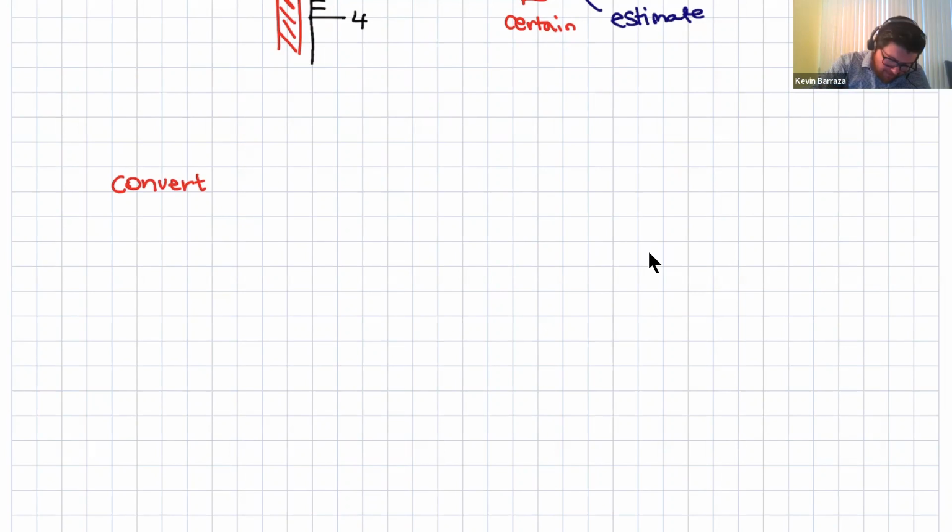Let's say that it's about 15.43 because it was in between the lines. So perhaps it was in between the little 4 tick mark and a little 5 tick mark. So it's 15.43 centimeters. Let's practice converting that to millimeters.